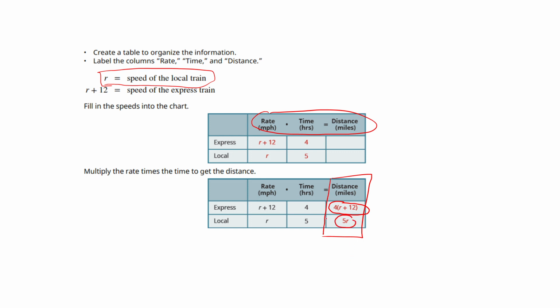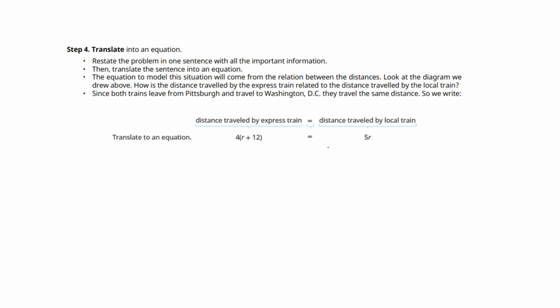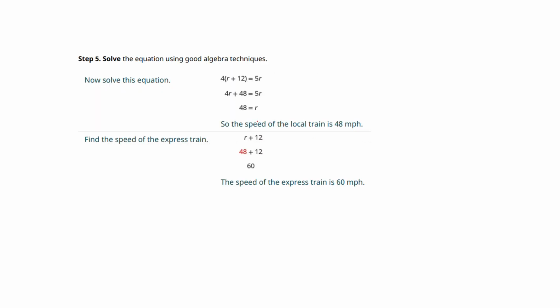It doesn't look like a distance, but it is. It's in math language, that's the two distances. Well, if they've gone the same distance, we can just set them equal to each other because they've traveled the same distance. And now we're just going to clean this up and solve it, and we get r is 48. Now that was the speed of the local train, so if you want the other, go back to your dictionary.